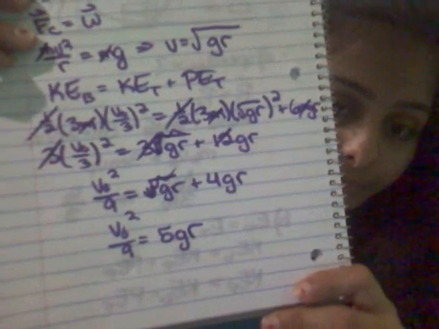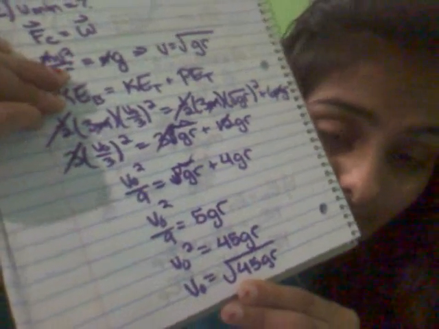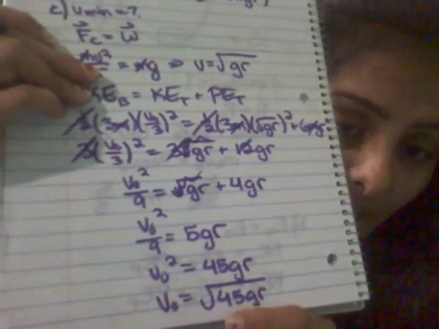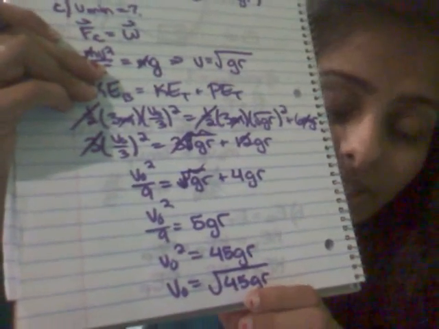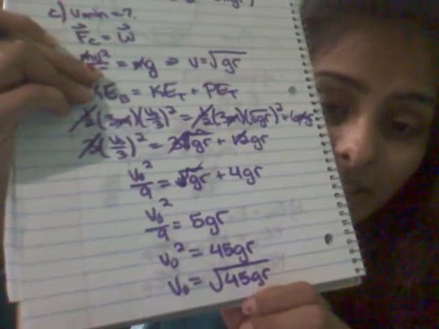So we multiply each side by 9, and we get V0 squared is equal to 45gr. And we want to find the velocity, so we take the square root and get the square root of 45gr. Now, technically that is the answer, but we can simplify the radical, because 45 is 9 times 5, and 9 is a perfect square.